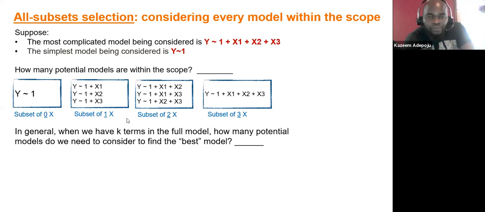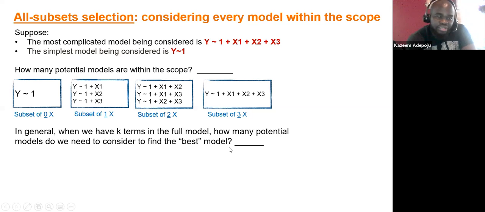Now, these are the models that we're going to consider. In general, where we have k terms in the full model, how many potential models do we need to consider to find the best model?